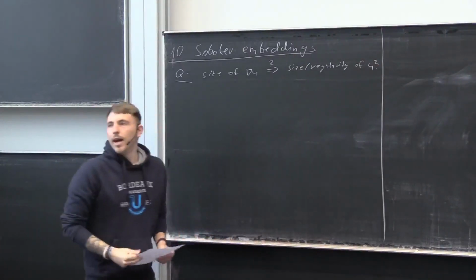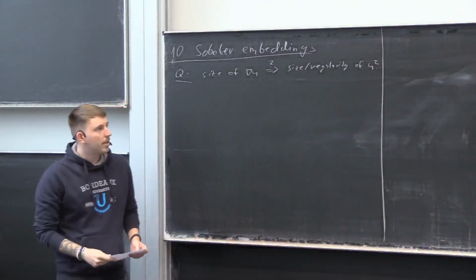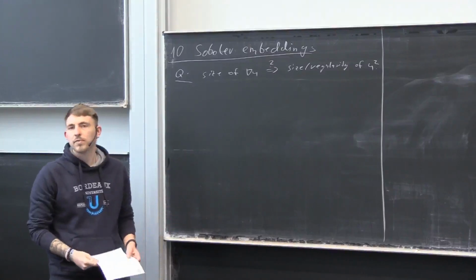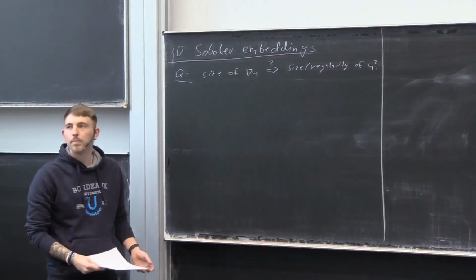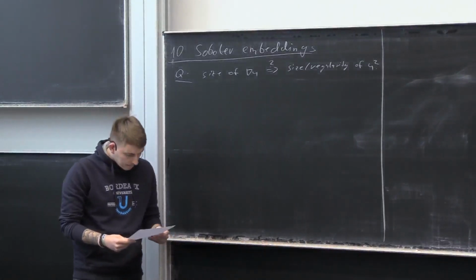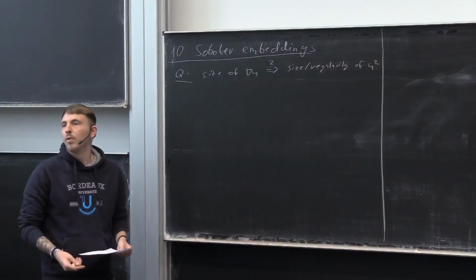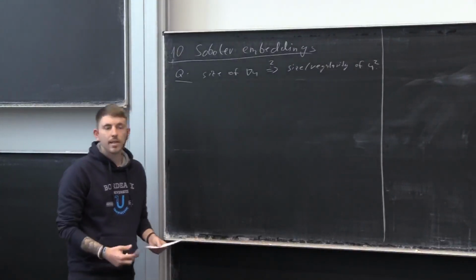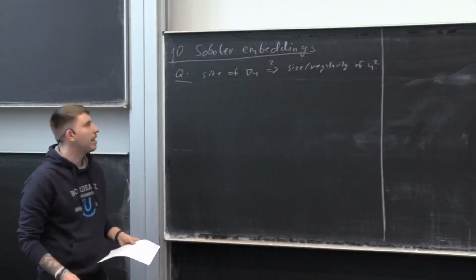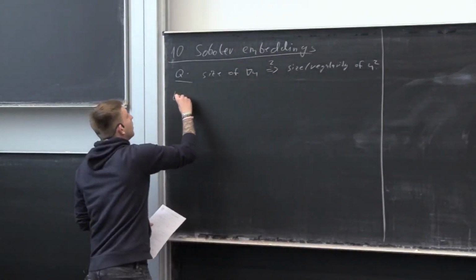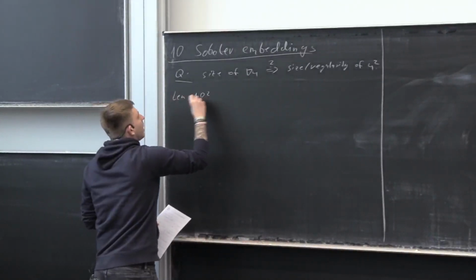Okay, and we already saw some indications that such information can be obtained, namely in lecture 3 you had an exercise that I want to put here as Lemma 10.2.